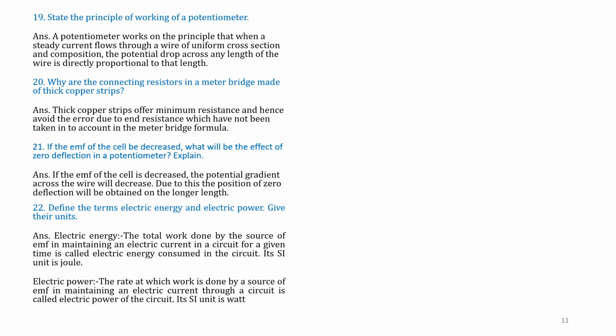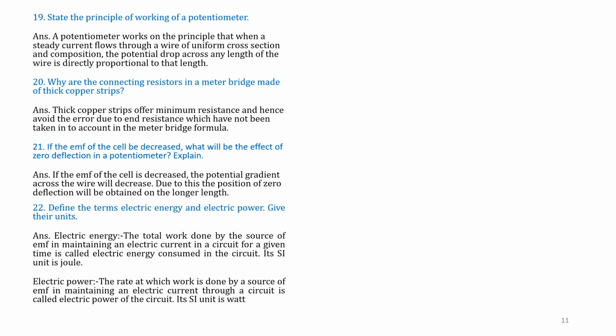Electric power: the rate at which work is done by a source of EMF in maintaining an electric current through a circuit is called electric power of the circuit. Its SI unit is watt. See the difference between energy and power. The electric power is watt.